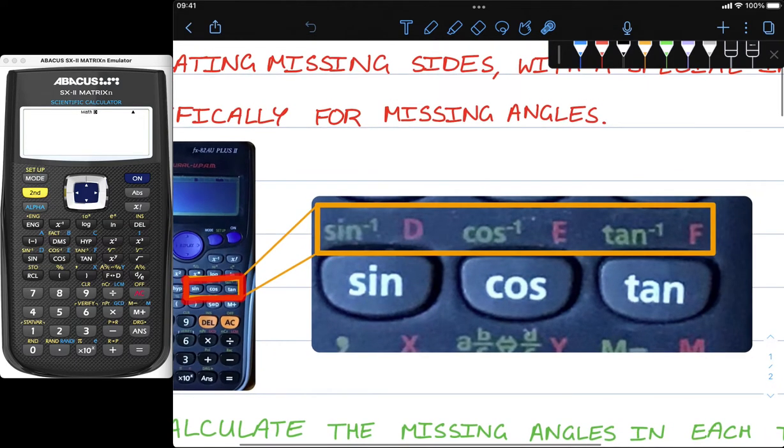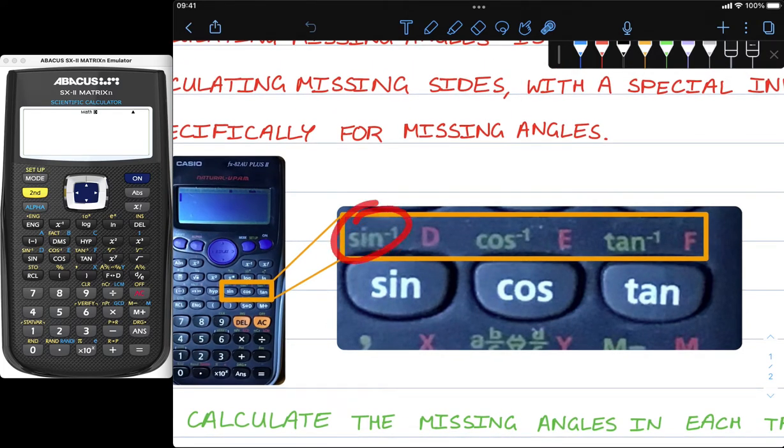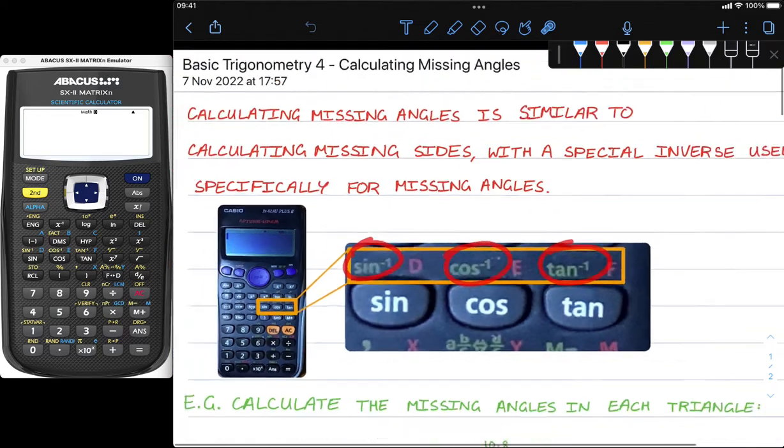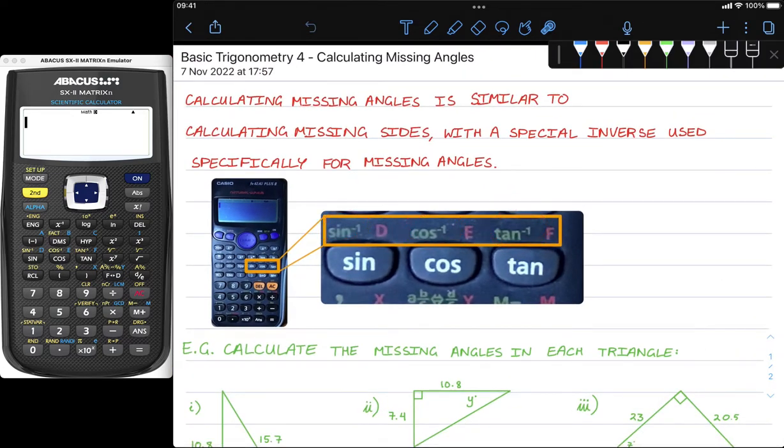Here it is zoomed in. It's those yellow buttons there. Those are sine inverse, cos inverse, and tan inverse. These are specifically used when calculating missing angles.